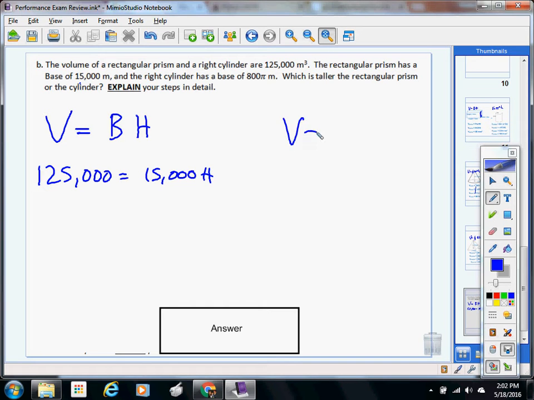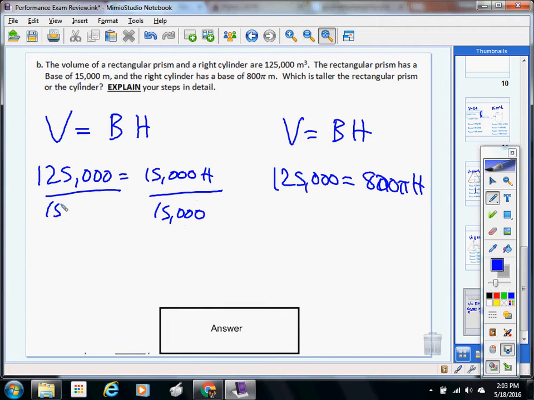So this one is volume equals area of the base times the height. 125,000 equals 800 pi times H. This part on the left shouldn't be a problem for you. Divide by 15,000, and you should get an answer. Do it using your calculator. You get an answer yet? Somebody call it out. 8.3 repeating?